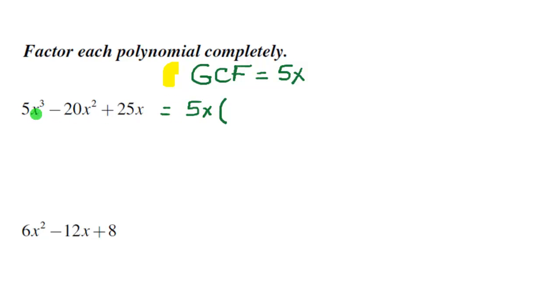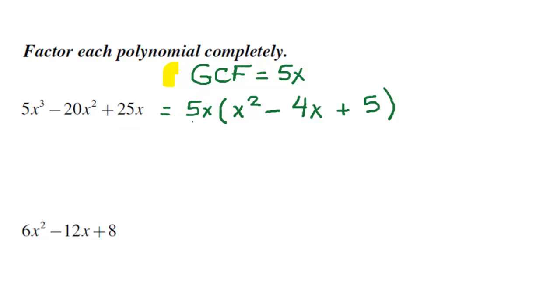Well, 5x from 5x cubed leaves us an x squared, because 5x times x squared is 5x to the third. 5x pulled out of negative 20x squared leaves us a negative 4x, because 5x times negative 4x gives us negative 20x squared. 5x pulled out of 25x leaves us a 5, because 5 times 5x is 25x.